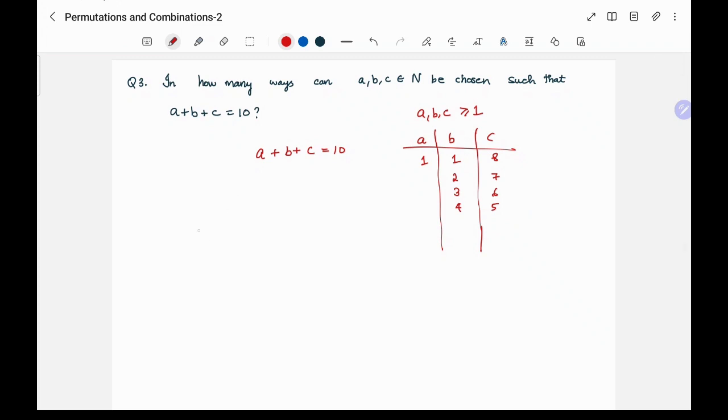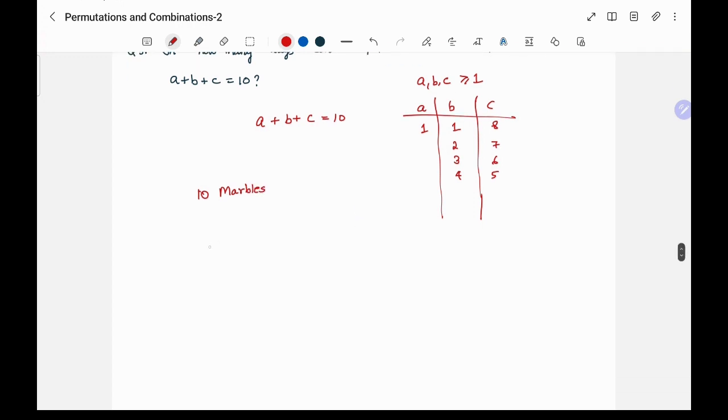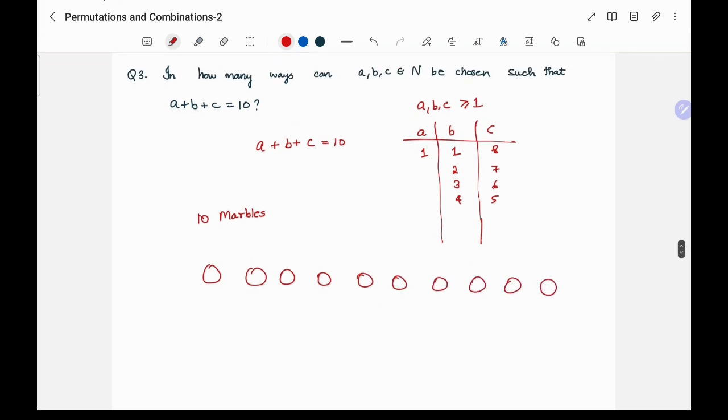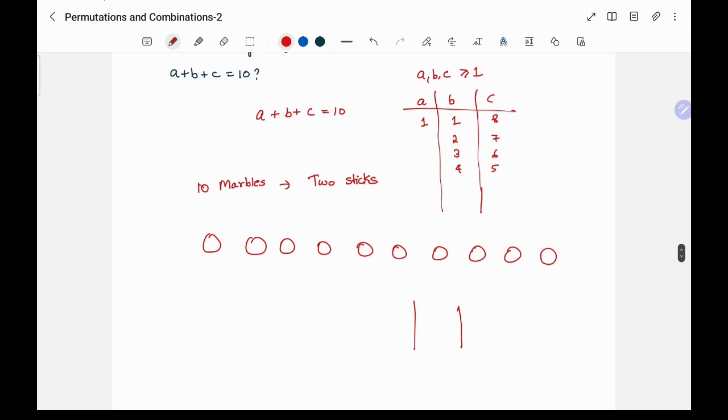For example, let's say I have 10 marbles, 1, 2, 3, 4, 5, 6, 7, 8, 9, 10. And I have 2 sticks. In between the marbles, only in these 9 gaps, I can place the sticks. I can either place the stick here and here. So this is one combination.